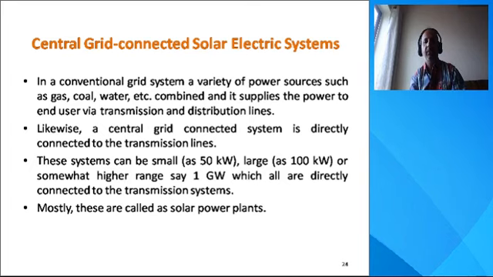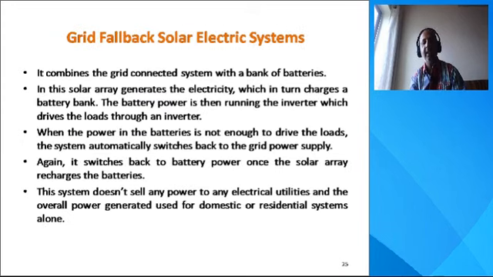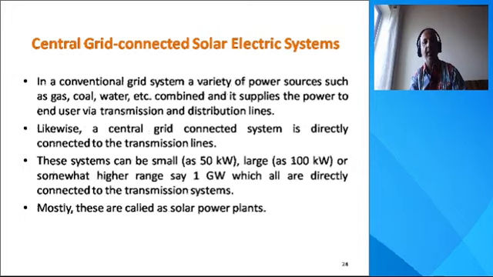When the system is very large, say a 100 kilowatt system or a 1 gigawatt system, that system is directly connected to the transmission system and is said to be a central grid connected system. Otherwise, it is the same as a grid connected system.